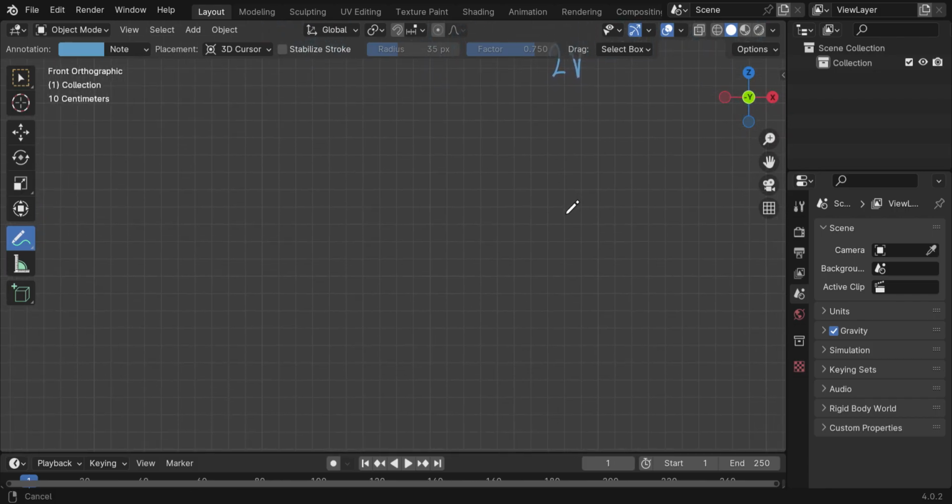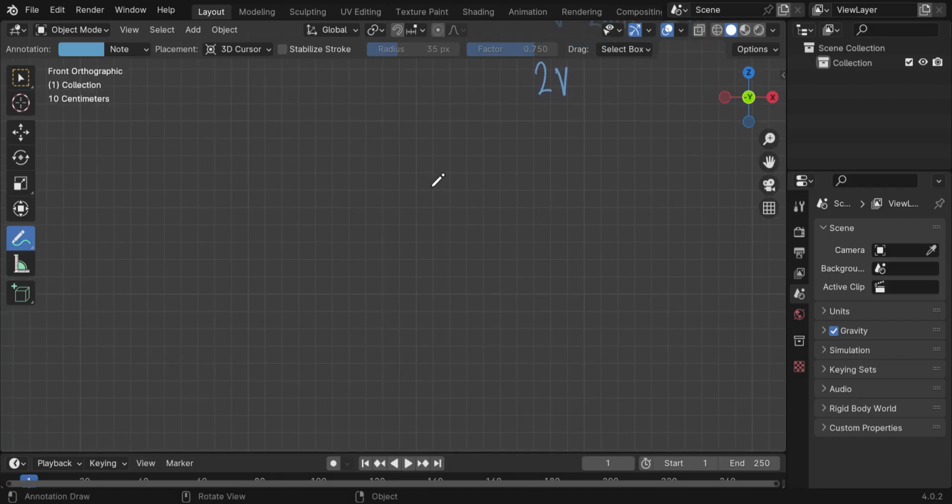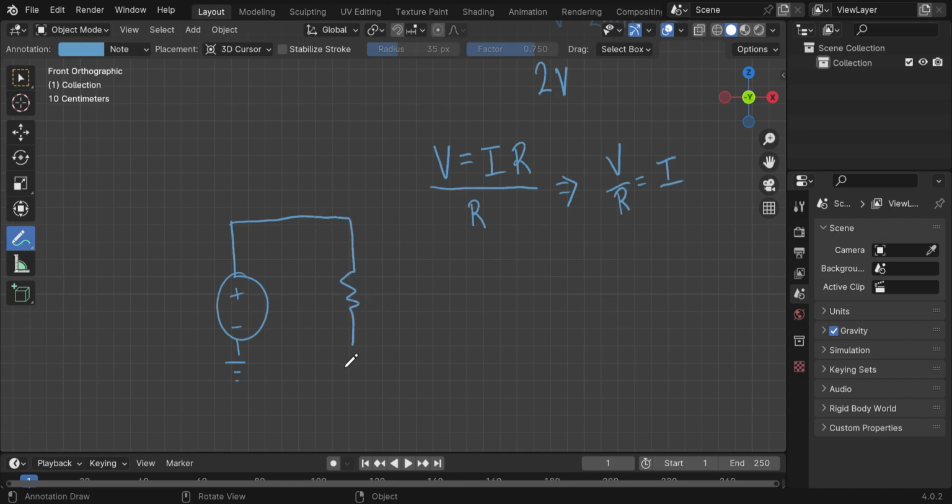Another example, another way to manipulate Ohm's law is if we have V equals I times R and we divide both sides by R, we get V over R equals I. So say we have a circuit where we don't know what the current is, but we know the voltage source and we know the resistor value.